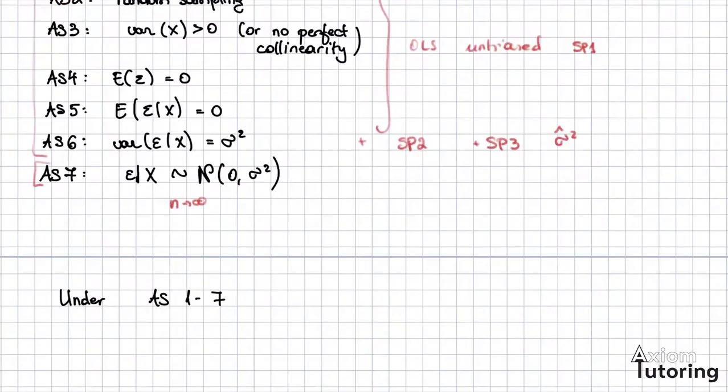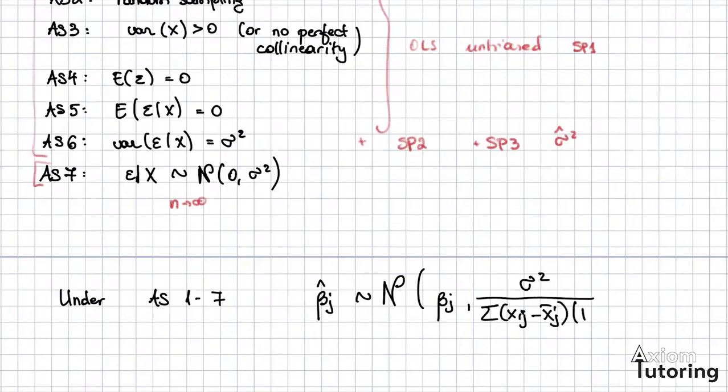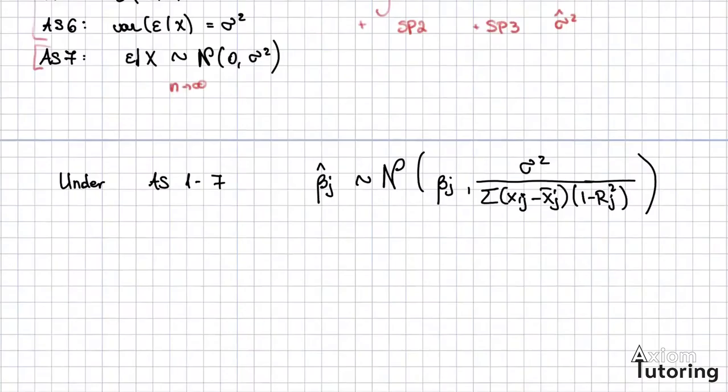Adding assumption number 7 is very important because now, under assumptions 1 to 7, we can actually find the distribution of the beta hats. So the beta hat j under these assumptions is normally distributed with a mean of beta j and a variance of sigma squared divided by the sum of x ij minus x bar j squared times 1 minus R j squared. I'm highlighting that I am not using a hat here because this is the true parameter.